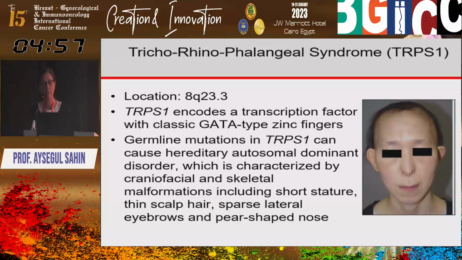trichorhinophalangeal syndrome, and the gene is located on chromosome 8. It encodes a transcription factor, which is a GATA-type zinc finger. The germline mutation of this gene causes a hereditary autosomal dominant disorder, characterized by facial features, sparse lateral eyebrows, and a pear-shaped nose.